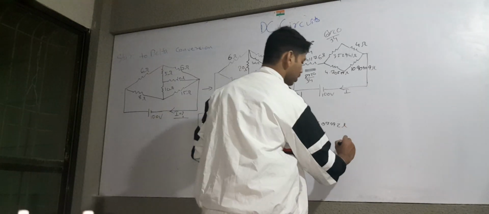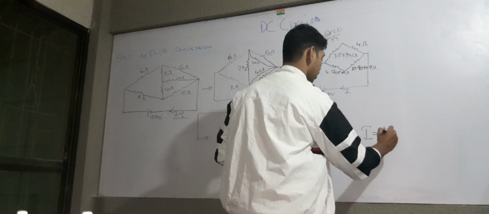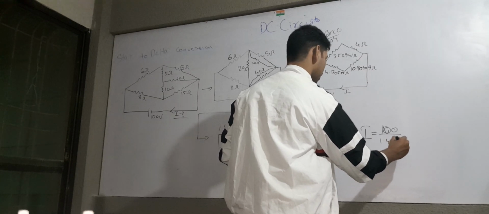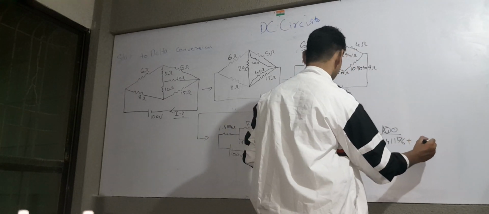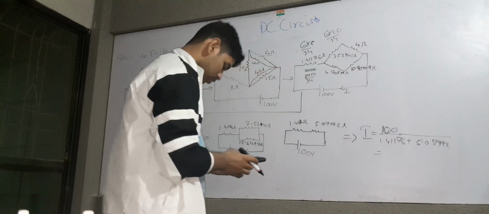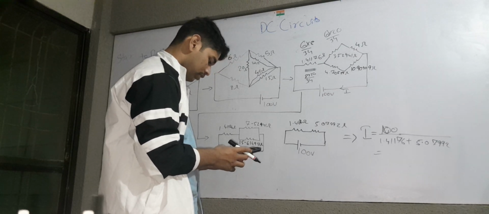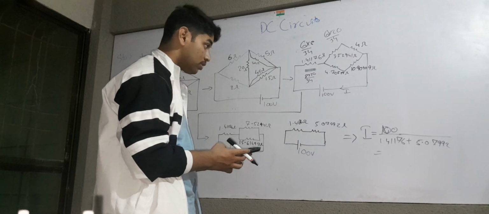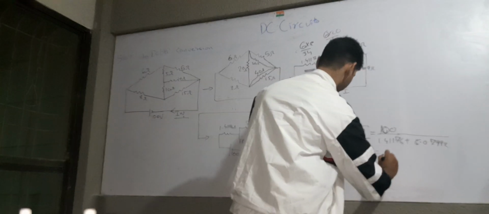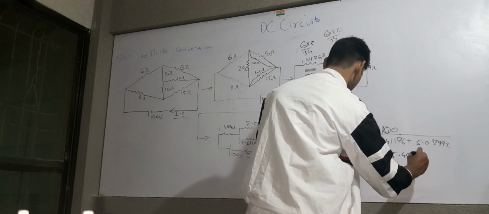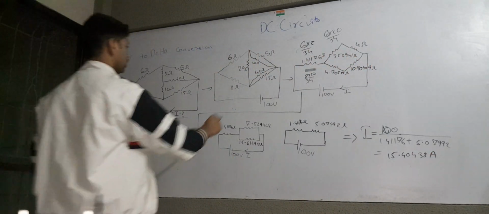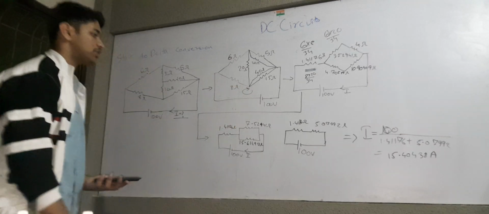So that would lead us to I equals 100 by 1.41176 plus 5.0799, which would be equal to 15.40438 amps, and that would be in clockwise direction.